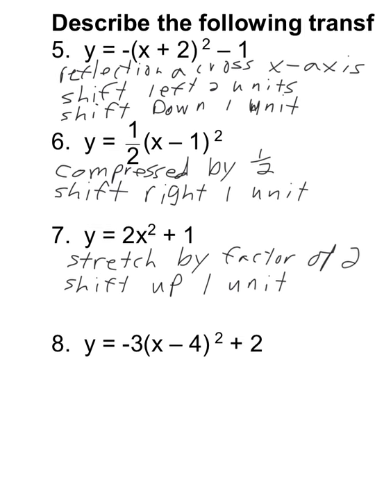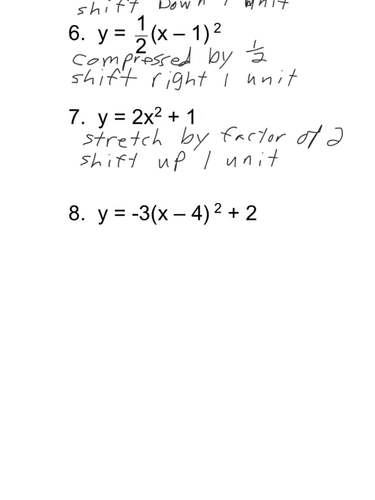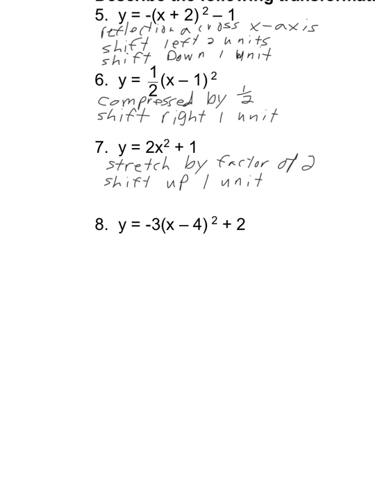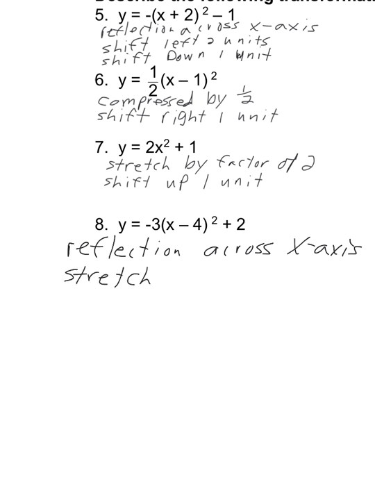Okay, number 8 has a little of everything. On number 8, I have a negative out front, so that is a reflection across x-axis. And then I have a 3 being multiplied, so that's a number greater than 1. Even though the negative's out there, we used it with reflection, so 3 is greater than 1, so that is a stretch by factor of 3.